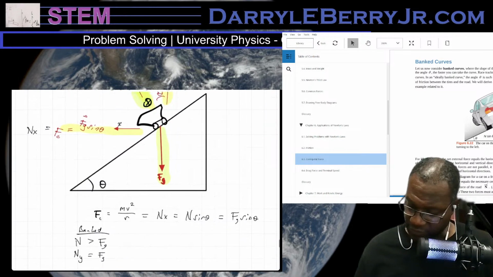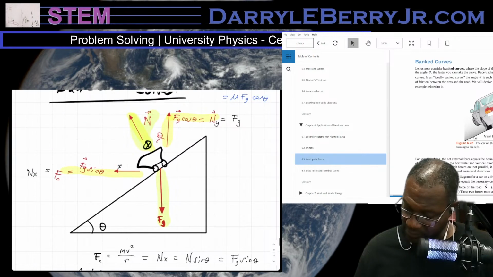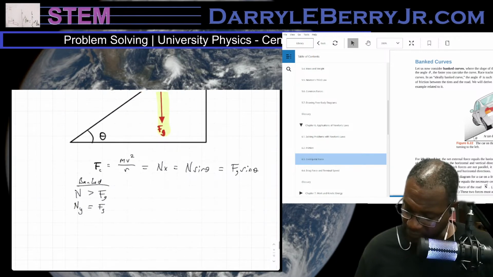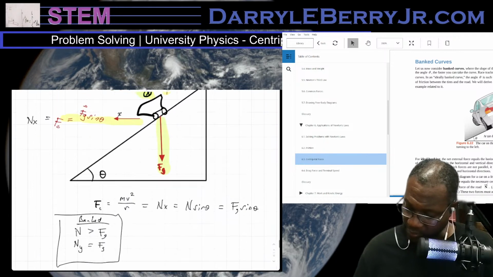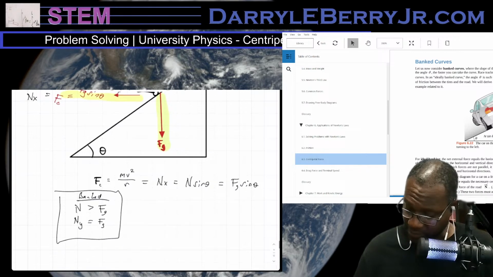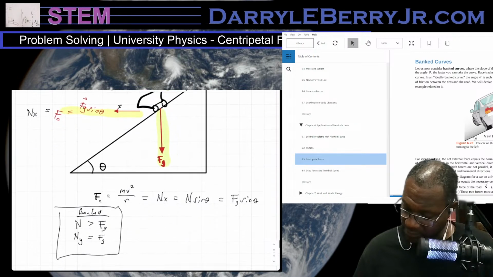N is greater than Fg, and Ny equals Fg when you're on the banked curve like that. So I mean that's what resolves it. And Nx equals mg sine theta.